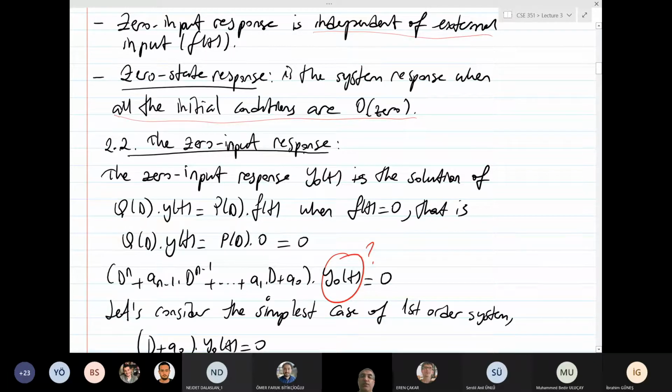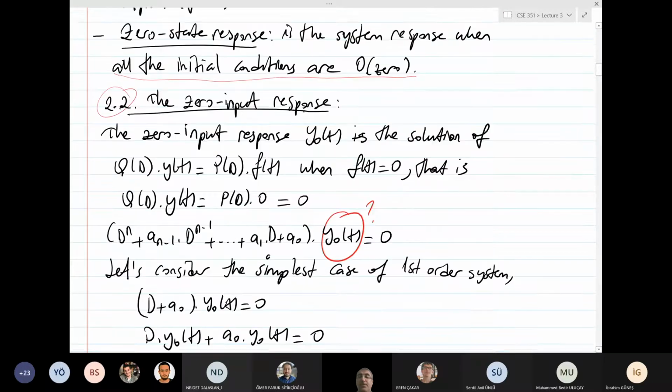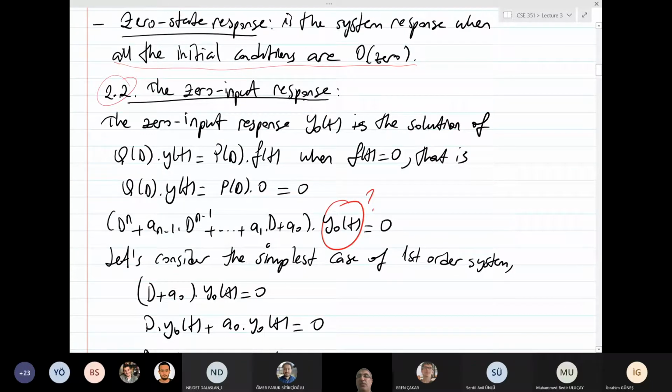So let's start with the first one, which is zero input response. Let's look together at how we determine the zero input response of a system. We are going to call this zero input response y0 of t.